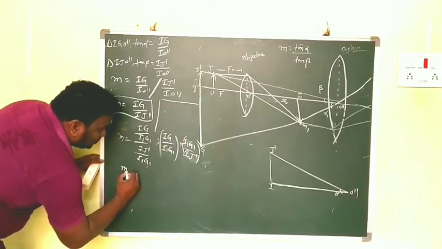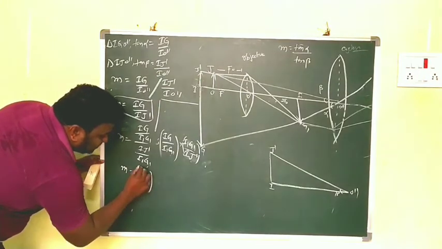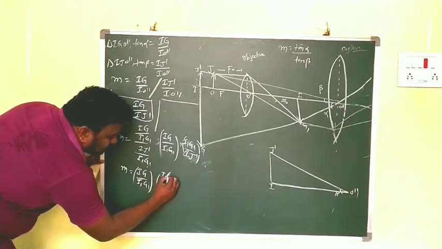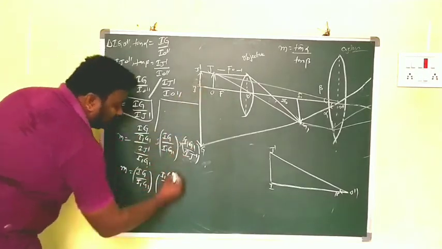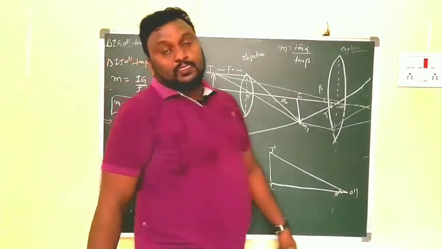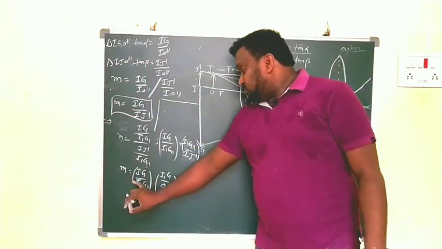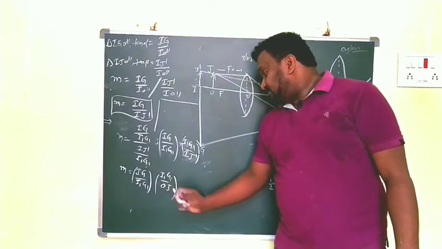Here M is equals to I Z by I1 Z1 into I1 Z1 by I Z dash. Instead of I Z dash, we write O J. Clear? M is equals to I Z by I1 Z1 into I1 Z1 by O J.